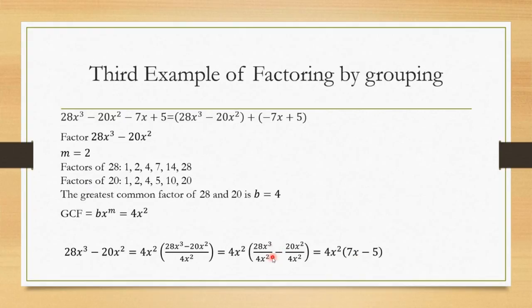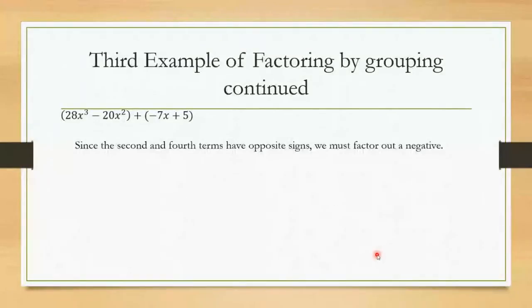X cubed over x squared, you subtract the exponents, you get just x. Here, we have x squared over itself. X squares cancel. 20 over 4 is 5. And this is what I was just saying before. We have to factor out a negative from the second group.